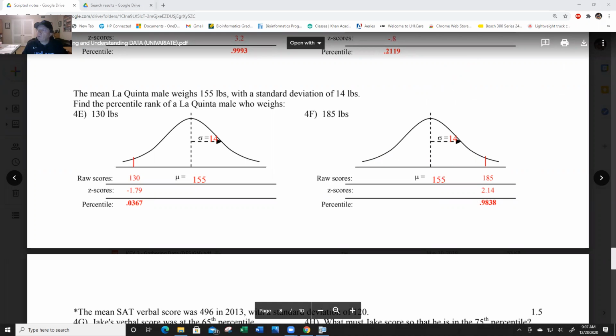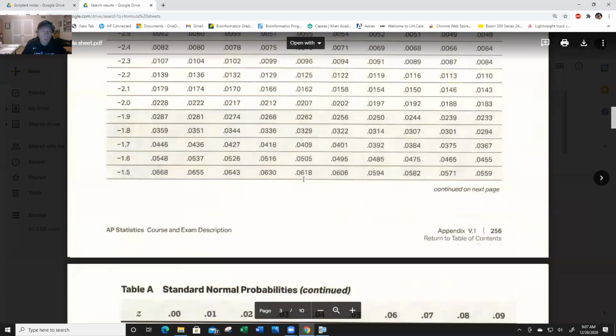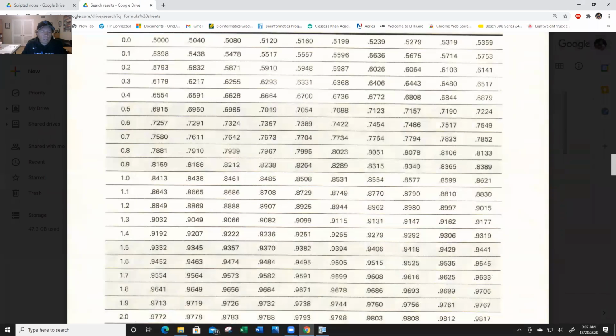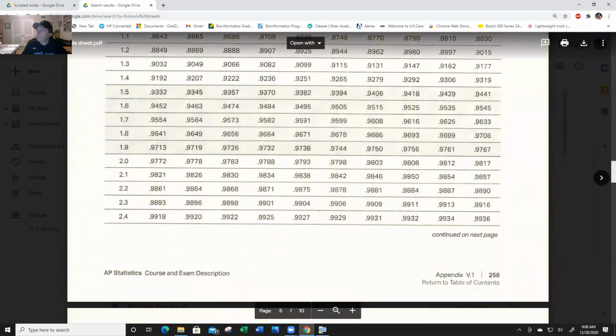All right. So here's the formula sheet. 2.14 is down here. So let's see here. Perfect, right? Somewhere in there. 2.1. 2.10, 1, 2, 3, 4, 2.14. 0.9838, okay?